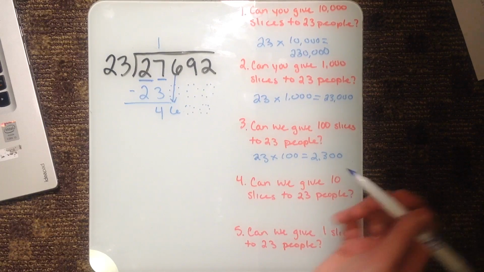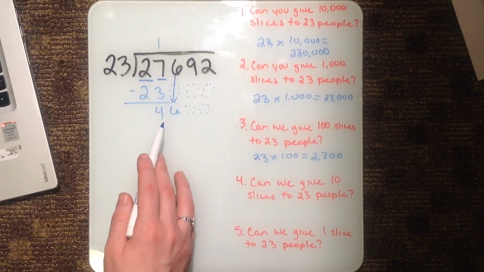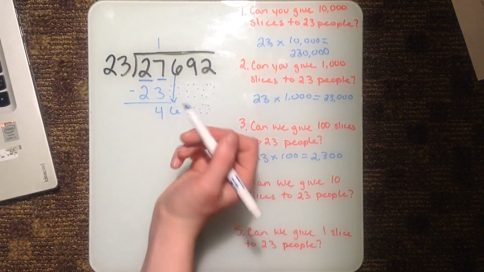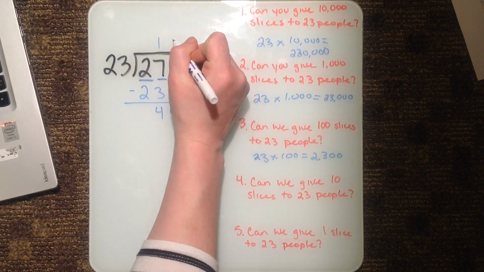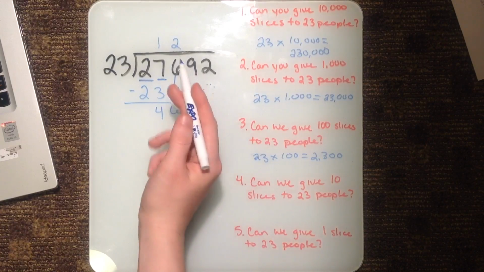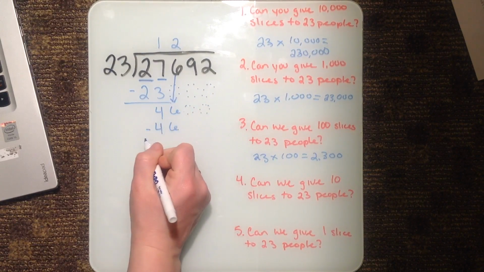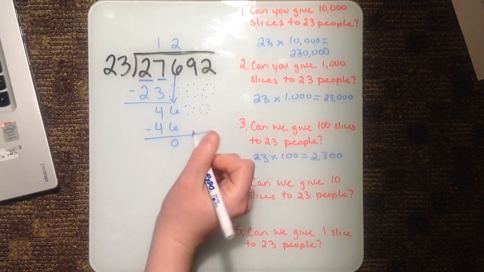We want to know if we have 2,300. And in fact, we can put 2,300 into 46 2 times. So we'd write the 2 above this place value. Then we'd get 46 here, subtract that, and we would get 0.